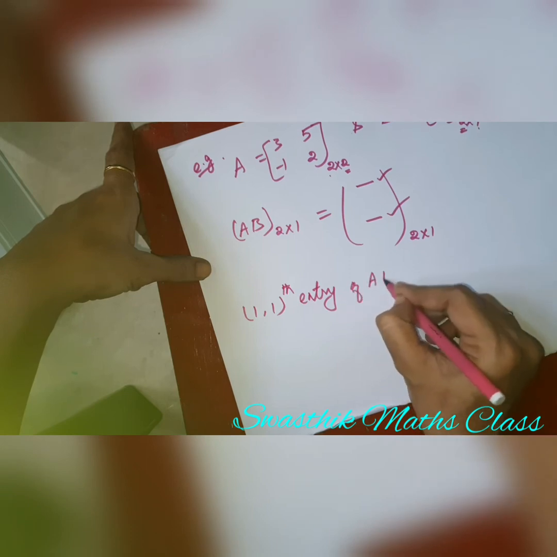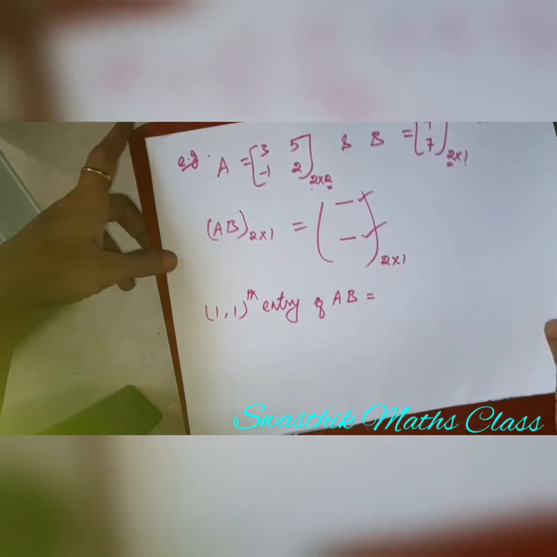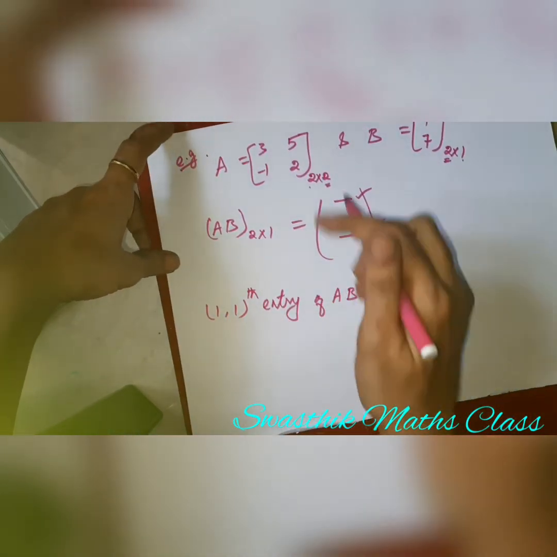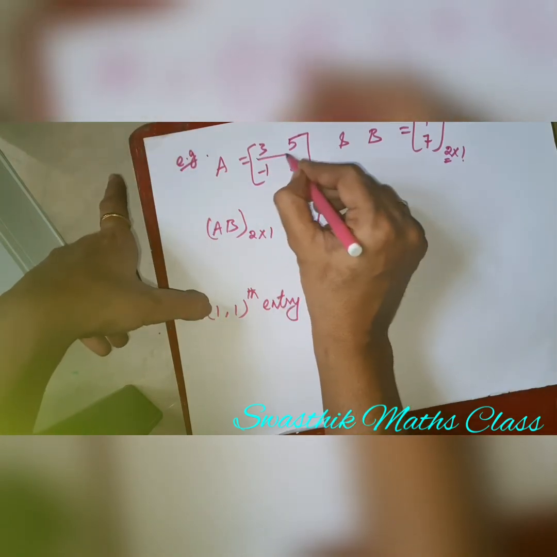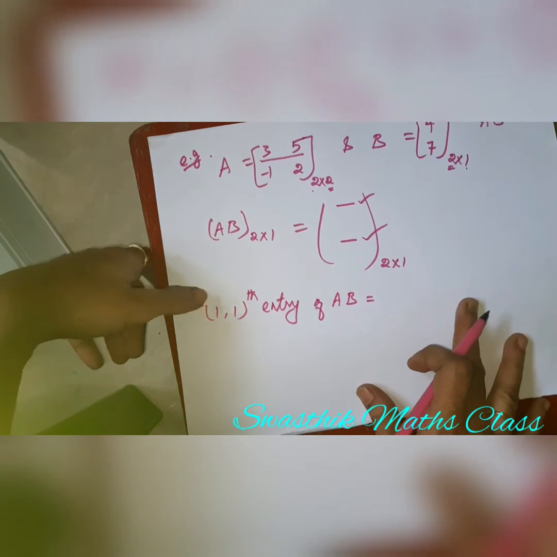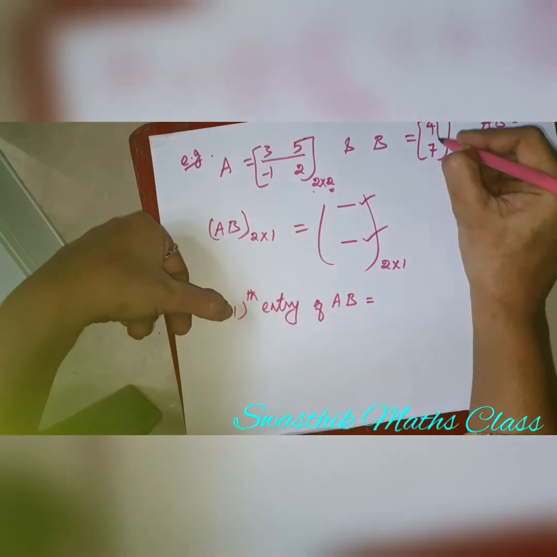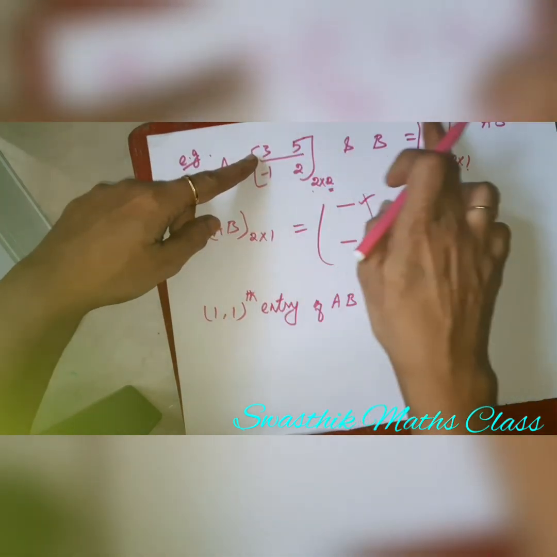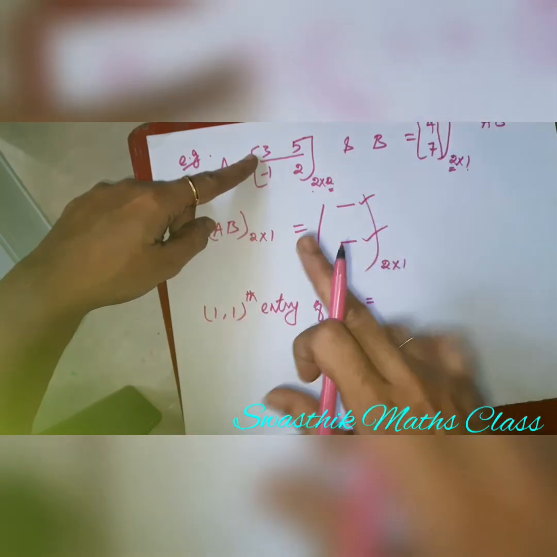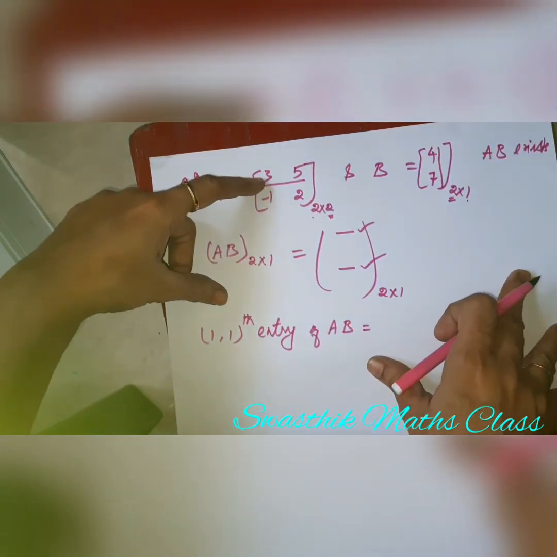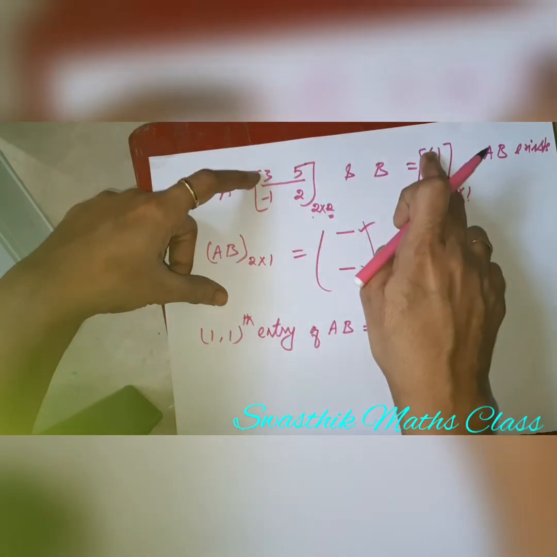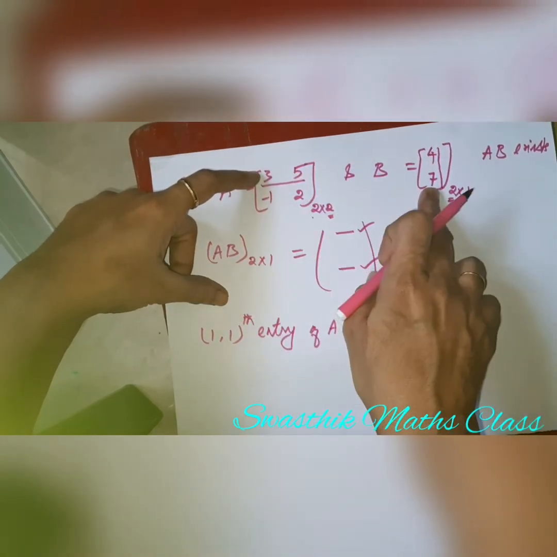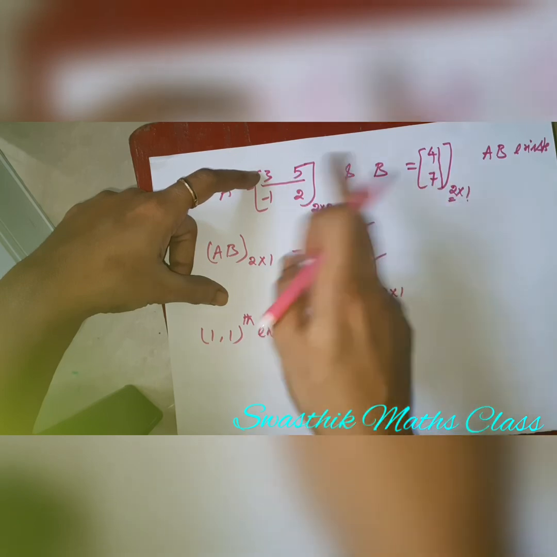How to find the 1/1th entry of AB? We have to take the first row in the matrix A and the first column in the matrix B and multiply the corresponding entries, then add those products. That is our definition. So we multiply 3 and 4 and multiply 5 and 7, then add those two numbers.